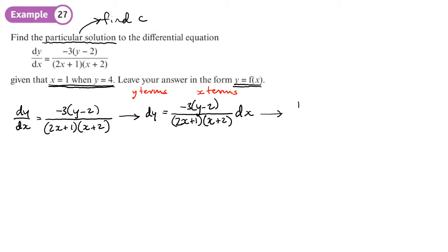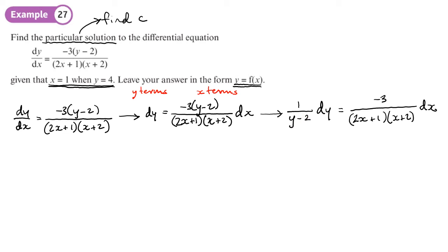So then I'll have 1 over y minus 2 dy equals negative 3 over (2x plus 1)(x plus 2) dx. Now I could have taken that negative 3 over as well, so then it's down here at the bottom. It doesn't matter. If I'd done it that way, I would get an equivalent answer.